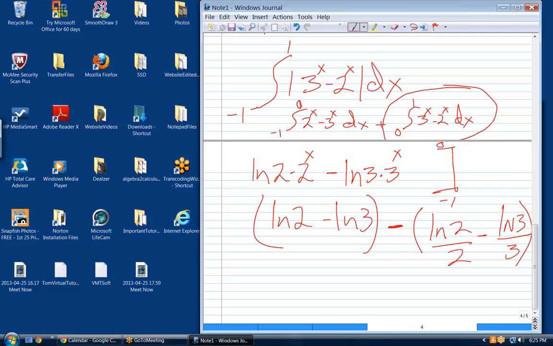It'll end up being natural log of 3 over 3 minus natural log of 2 over 2 minus natural log 3 minus natural log 2. In other words, the reverse of this. Reverse both of the things inside the parentheses and reverse the parentheses to get this part up here.